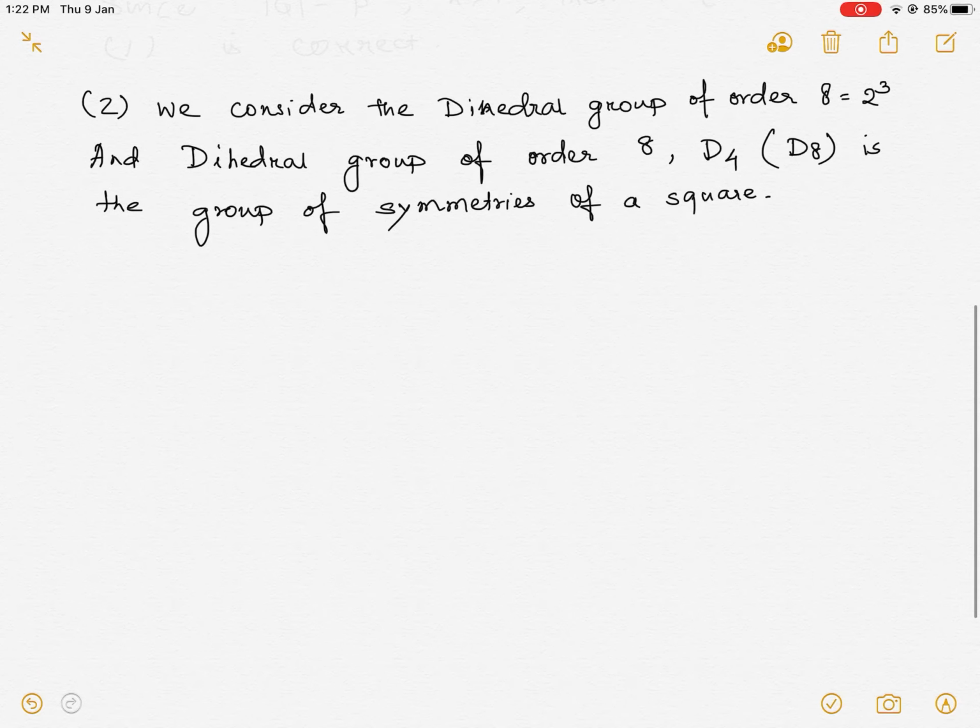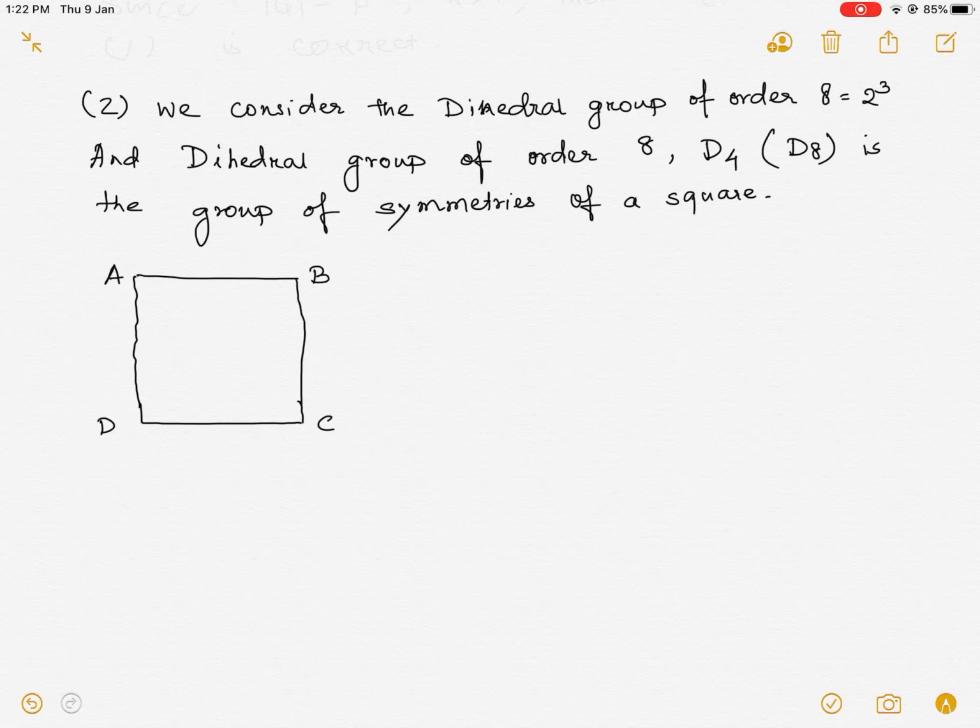Let us check the elements of D4. Say A, B, C, D is a square.